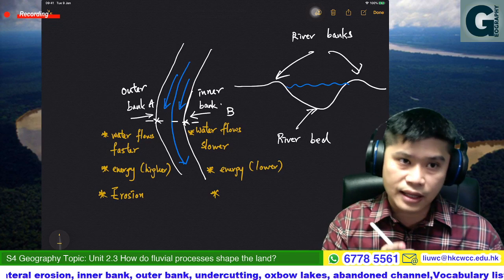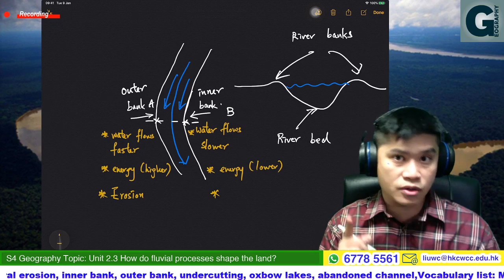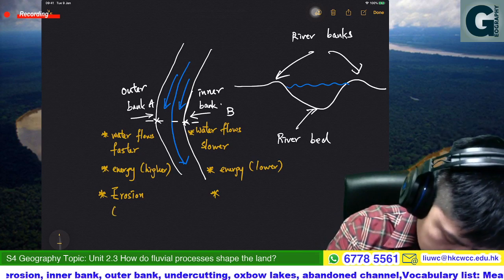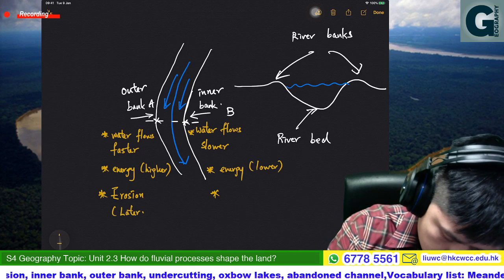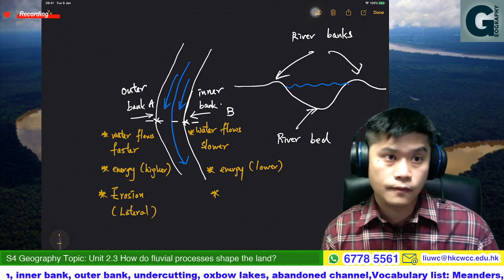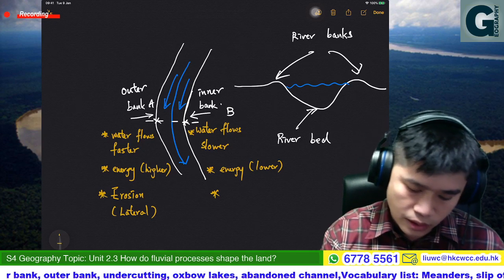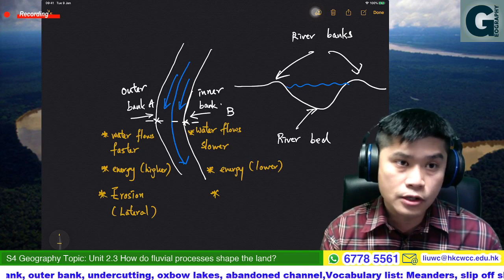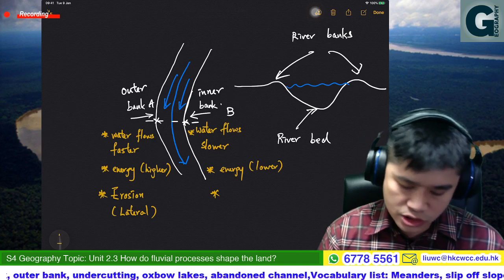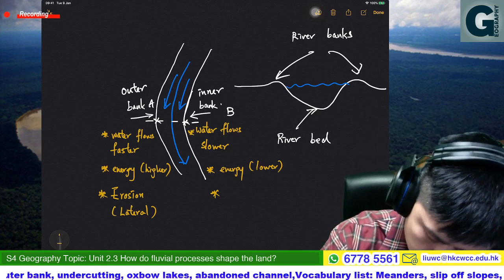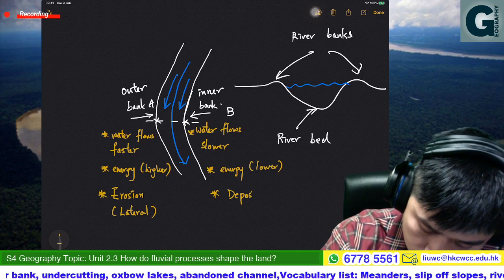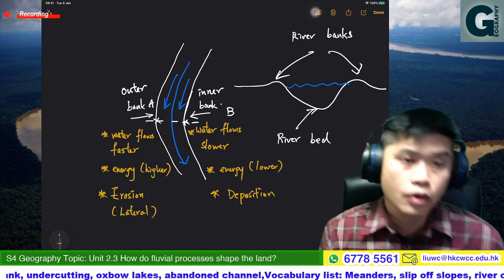At that point, especially along the meander, this is lateral erosion. On the other hand, on the inner bank, as the water flows slower, the energy is lower, so deposition will be taking place.